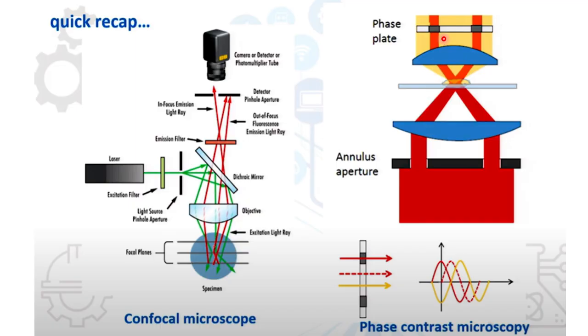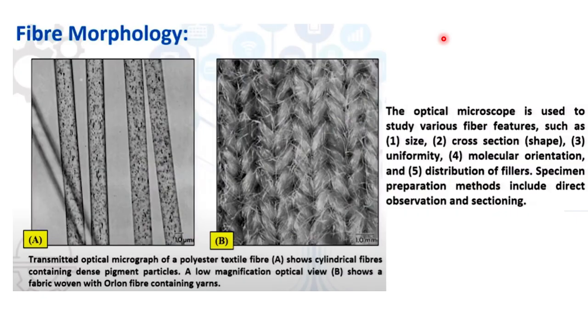Through the annulus aperture and phase plate, you will get a phase contrast if you are observing a composite type of material where different phases are present. Through a normal optical microscope, you will not get the variation, so for that you should go for phase contrast microscopy. Because of the annulus aperture and phase plate, you get different intensities of the scattered light, and in that way you create the image.